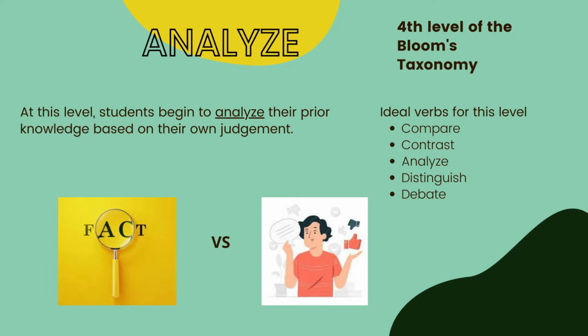For example, if I say Mexicali is one of the hottest cities in our country, that is a fact, obviously. But if I also say, for me, Mexicali is not a good place for living, that is an opinion. So, at this level, my students are going to be able to distinguish between each other.